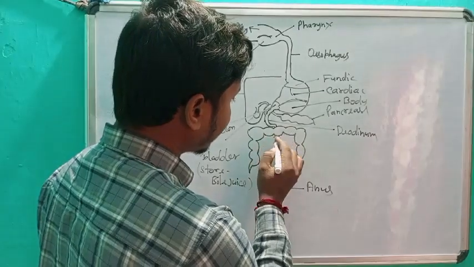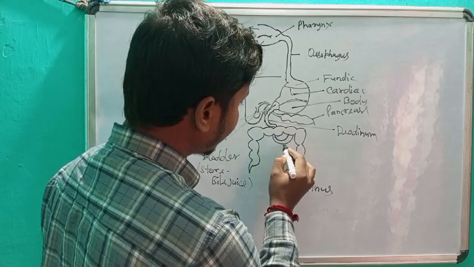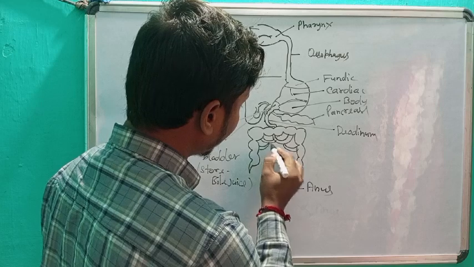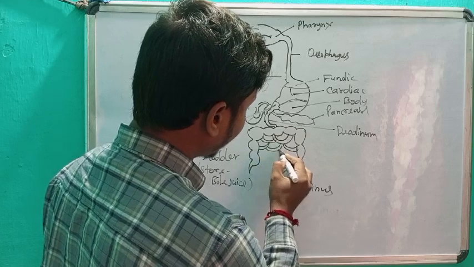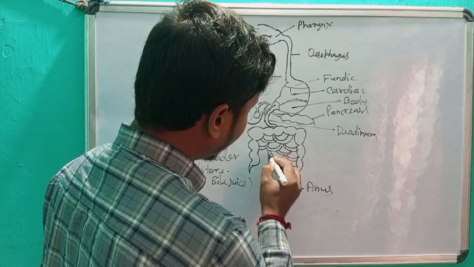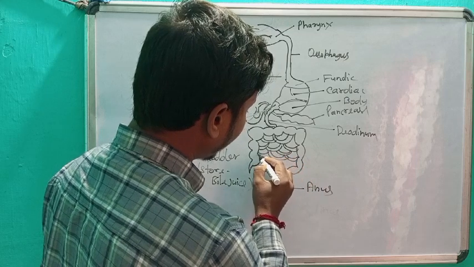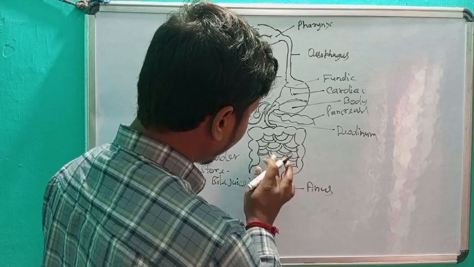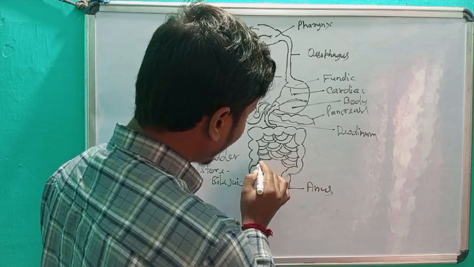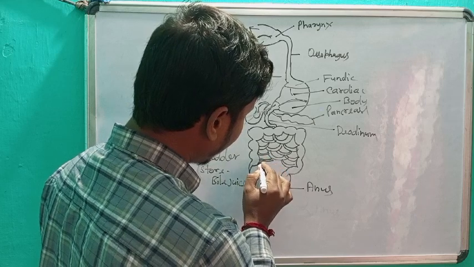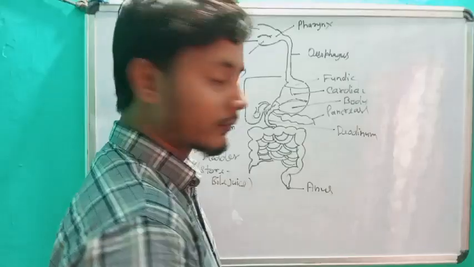Here is the coiled structure of the small intestine. This is the larger portion of the small intestine, a coiled structure, and it opens into the large intestine area.